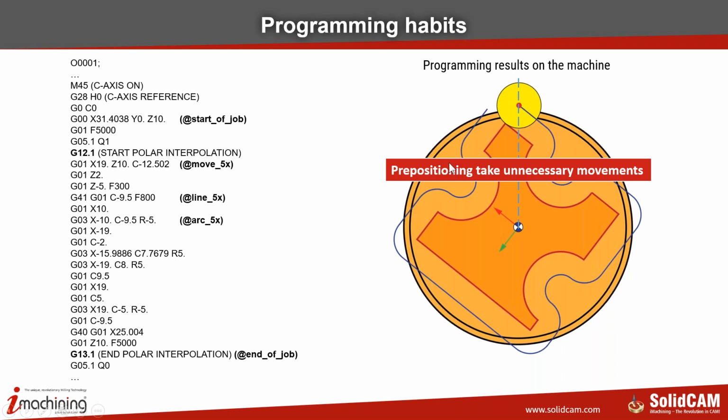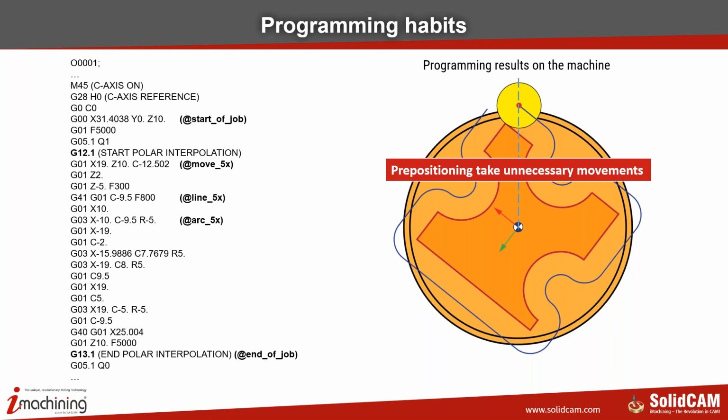Now, as I say, the rapids are not allowed, and you will need to turn off the polar interpolation. Yes, in these cases, machine will always go to the G0 C0 first, and this is the jerky movement. Now the customer would see, okay, the geometry at the end it's fine, but I'm receiving the jerky motions.